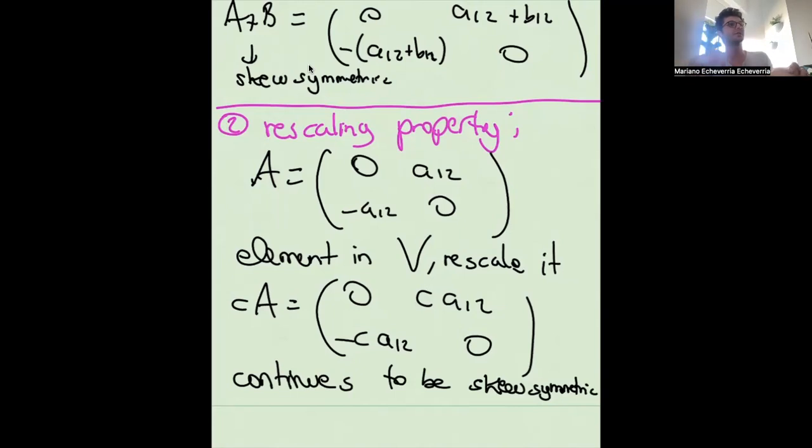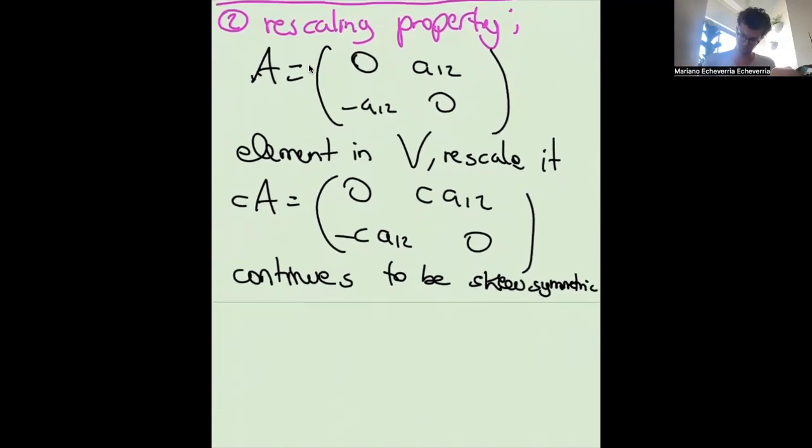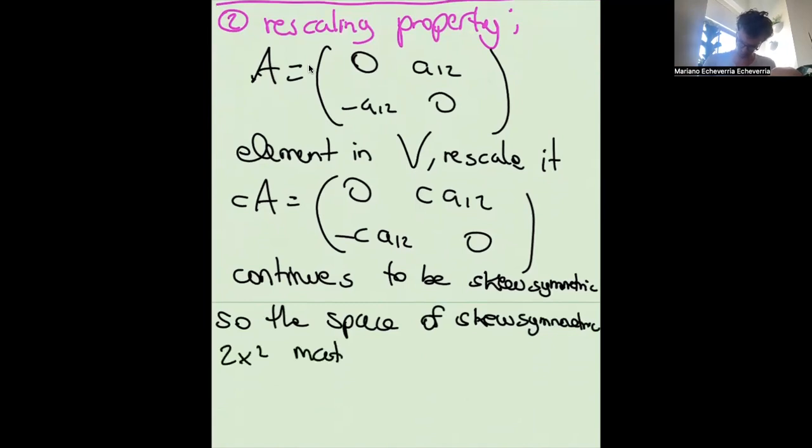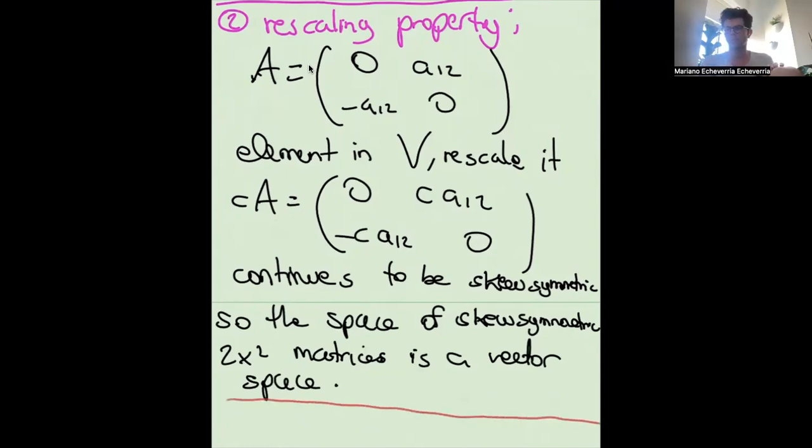You would say that the set of skew-symmetric 2x2 matrices is a vector space. Are there any questions up to this point?